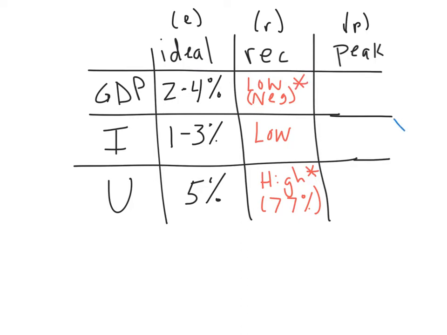Whereas in a peak, the key to knowing whether we're in an inflationary period is if there's high inflation. We might notice, like in the 1970s and 80s, we had double-digit inflationary periods within a year. We might have 8, 9, 10, 11% inflation, which would be indicative of a peak. Now, GDP can pretty much be anything during a peak.